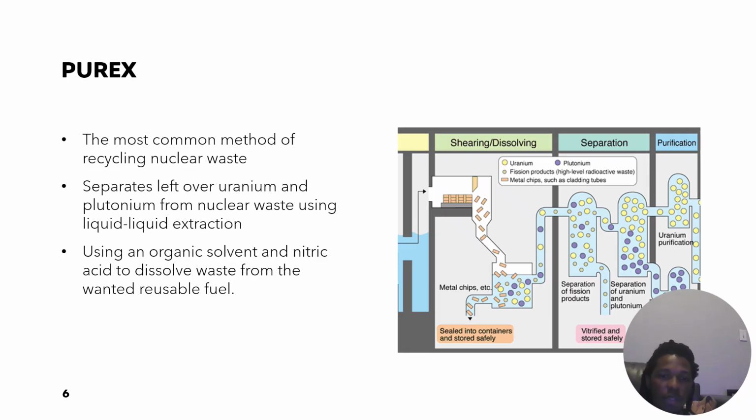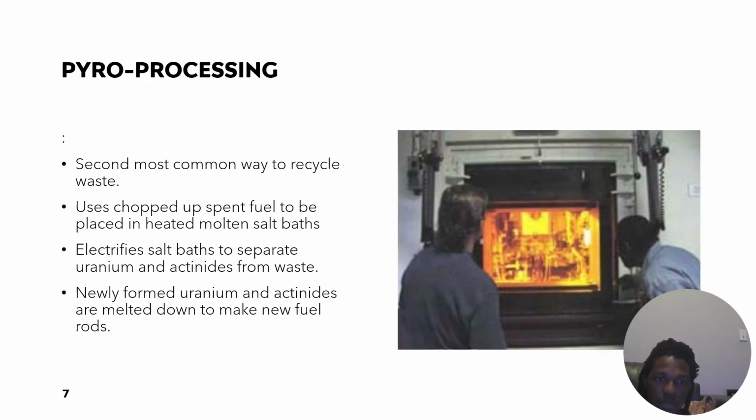It does this by using an organic solvent and nitric acid to dissolve waste from the wanted reusable fuel, and then once that waste is taken, it is solidified and you capture the oxides, as you can see from this diagram behind me. I think my camera's a little bit in the way of some of the labels, but you can see some of the process behind me.